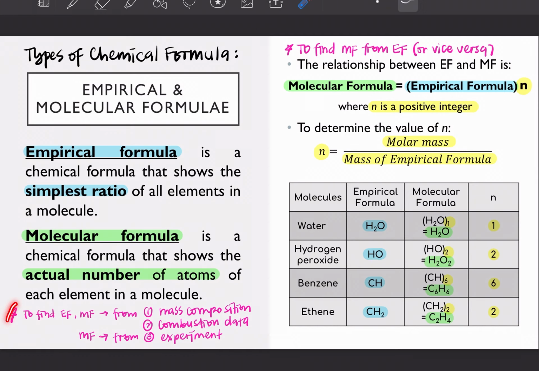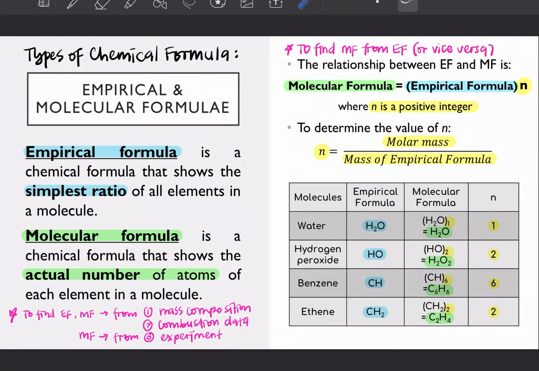What I started here is basically from your learning objective. Before that, we need to know how to find the molecular formula from the empirical formula or vice versa. We can use this formula where molecular formula equals empirical formula times a positive integer n.